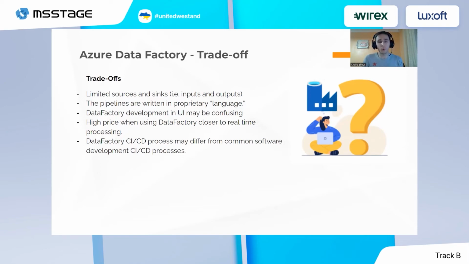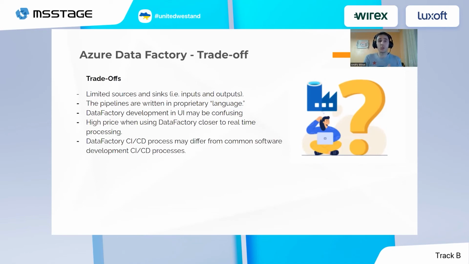This is the low-code approach. Yeah, so we're also talking about the high price when moving closer to real-time processing. Yeah, that's true. And Data Factory CI/CD processes may differ from common software development CI/CD processes.